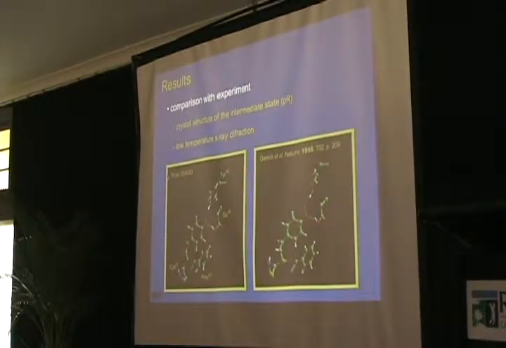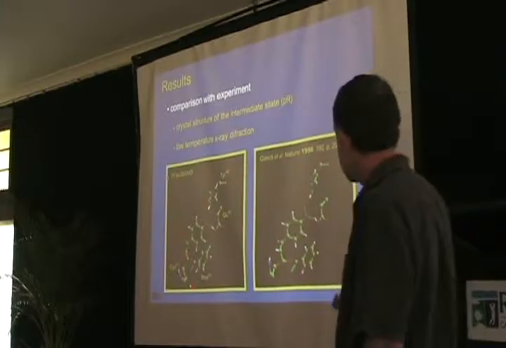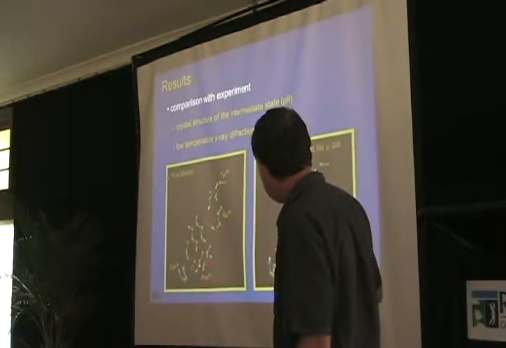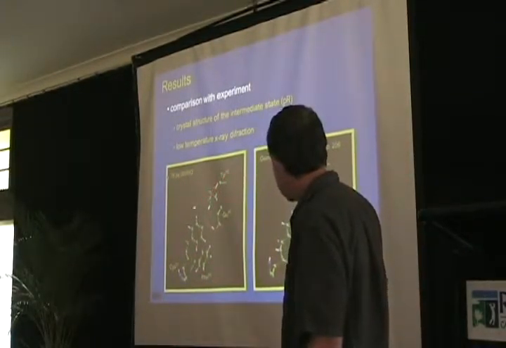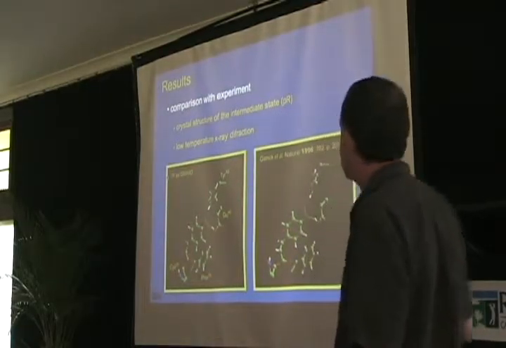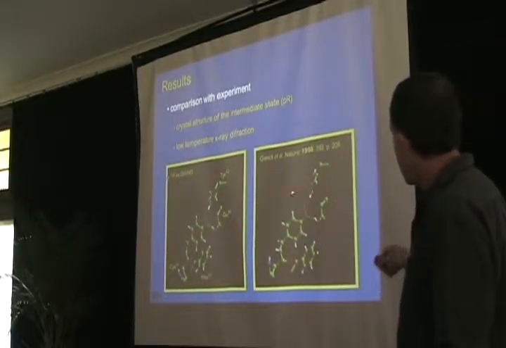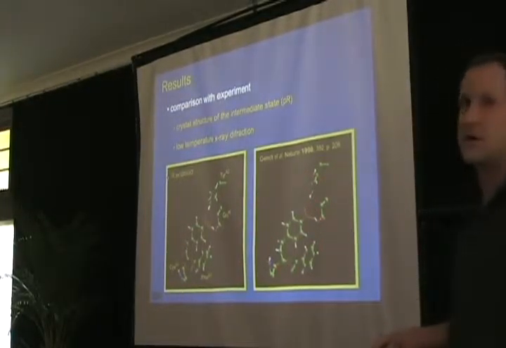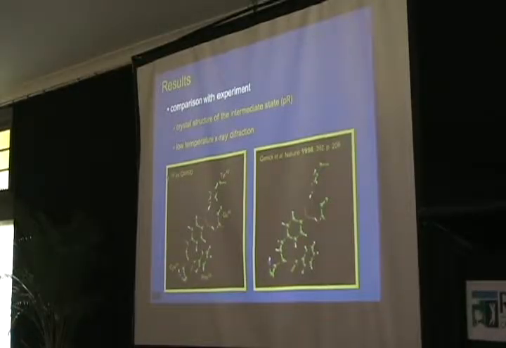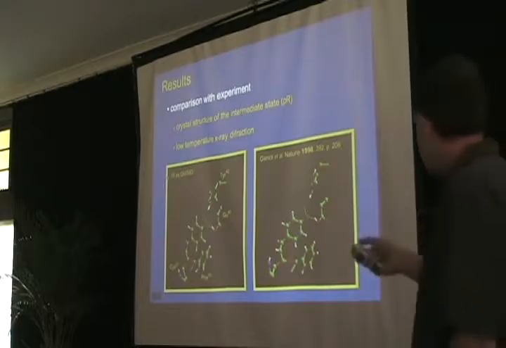So just to give you some confidence that these calculations are totally unrepresentative, this is a final state from the simulation after we've seen this isomerization going on. And this, for comparison, is a low temperature X-ray structure of a trapped state where they believe they've trapped the red, isomerized state by crystallography.